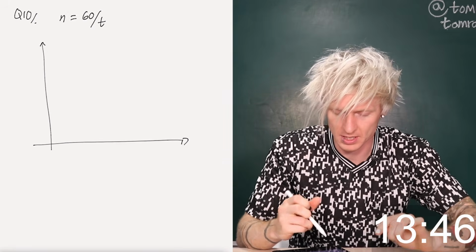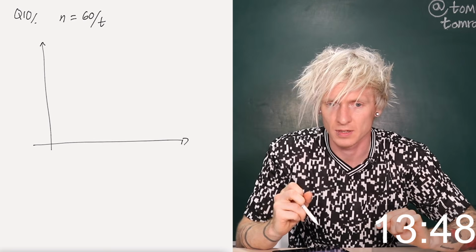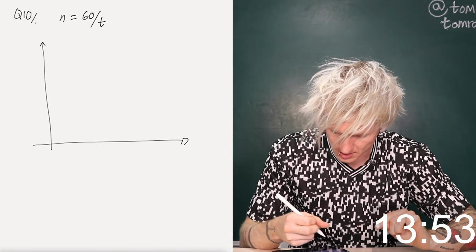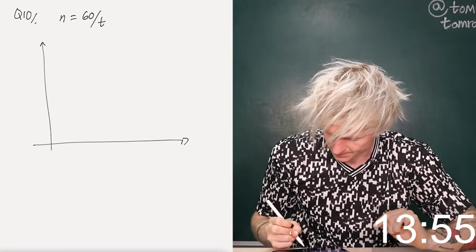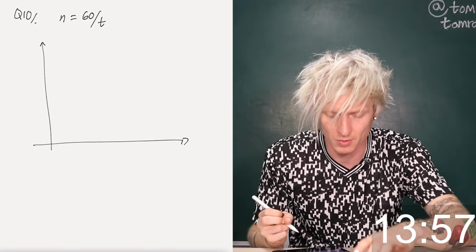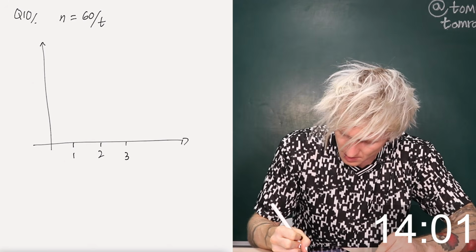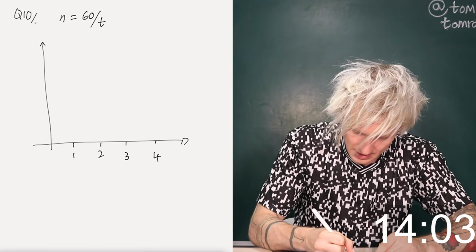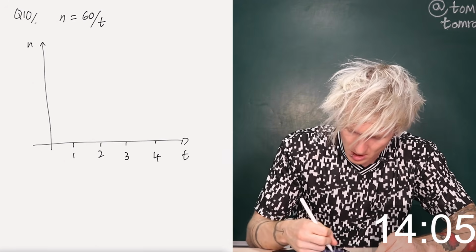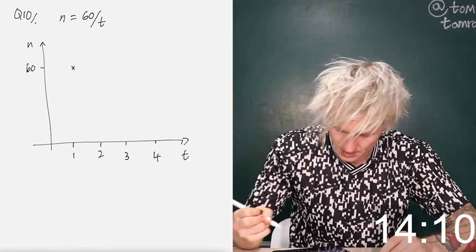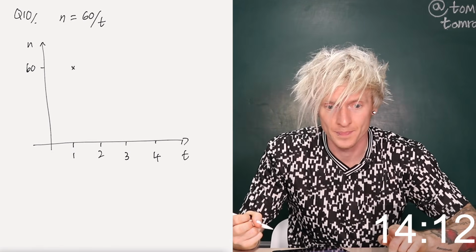So n equals 60 over t, and it wants me to do this for t. So n is 60 when t is 1. Excellent. So let's put these labels on: 1, 2, 3, 4. So we want to know 1, 2, 3, and 4. Right, and then this is n, this is t, so n is 60 for t equals 1.